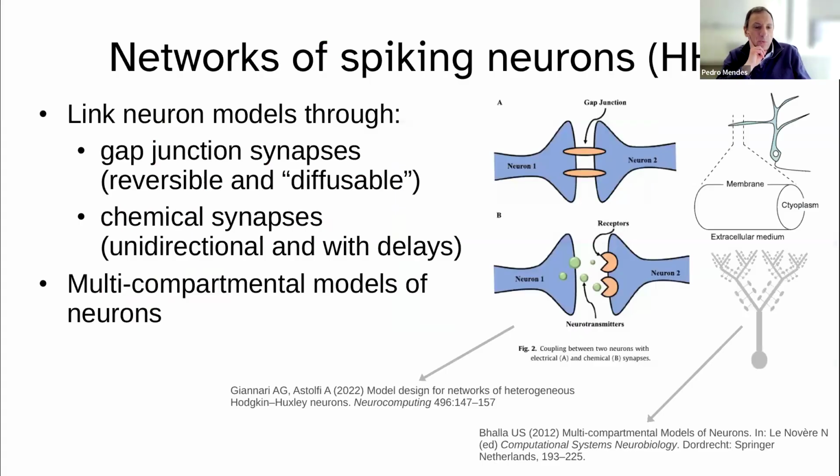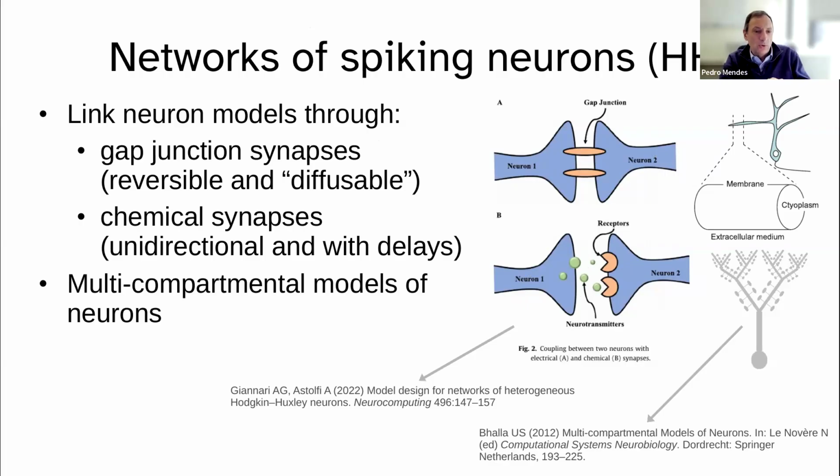And then the other motivation was to create models that link. So if you have an electrophysiological model of a neuron, we would like to be able to connect them, so as to create models of neural networks, spiking neural networks, they're usually called, where the neurons communicate with each other through synapses, either so-called gap junction synapses, sometimes called electrical synapses, or chemical synapses, which are those that use neurotransmitters.